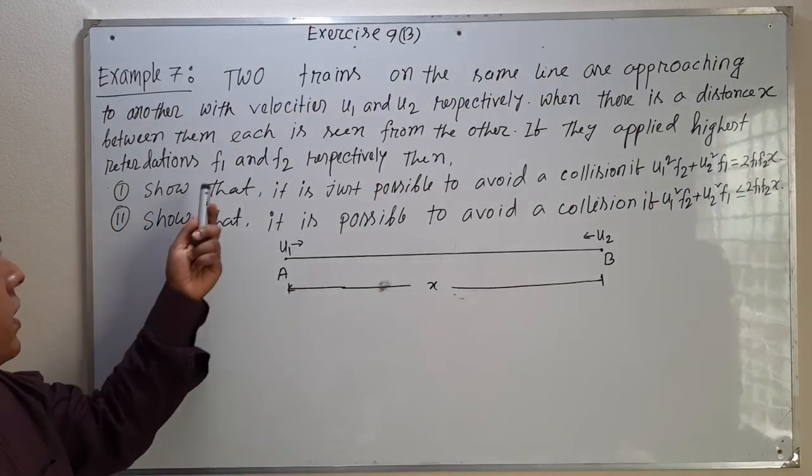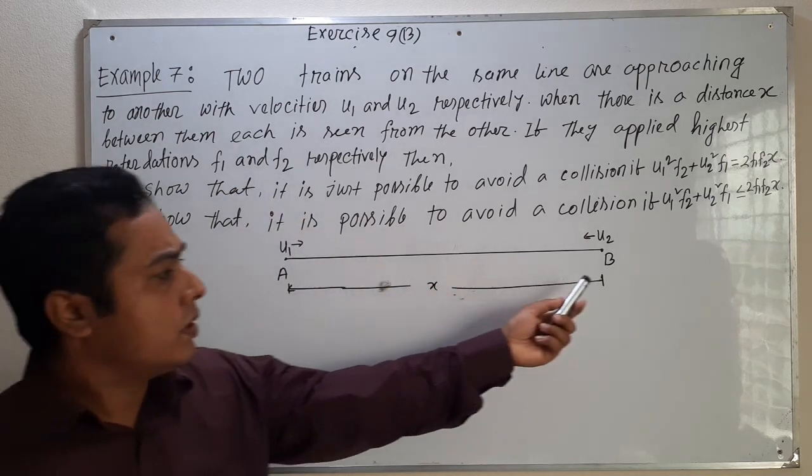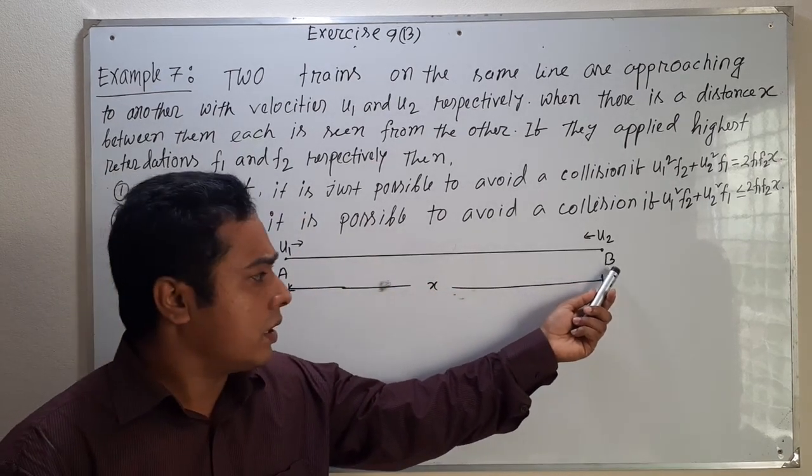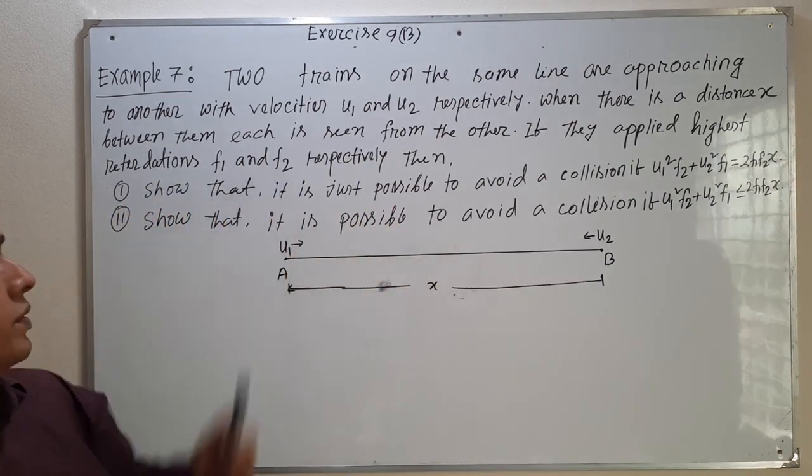The retardation of the first train A is f1, and the retardation of the second train B is f2.